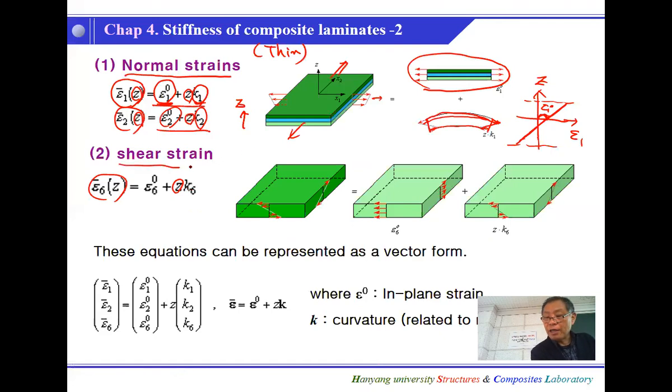Now, how about the shear strain? Well, it's a little bit difficult to understand, but mathematically exactly the same as the normal strain. Shear strain is a constant term and a linear term. What does it mean? It means that we have a variation of shear strain.